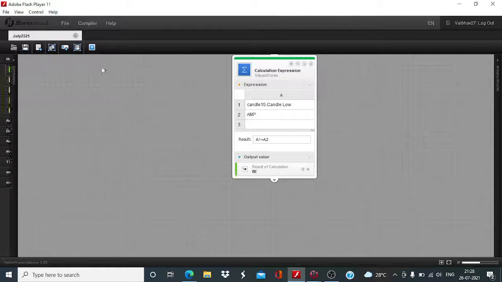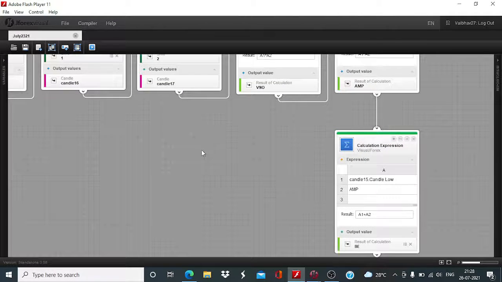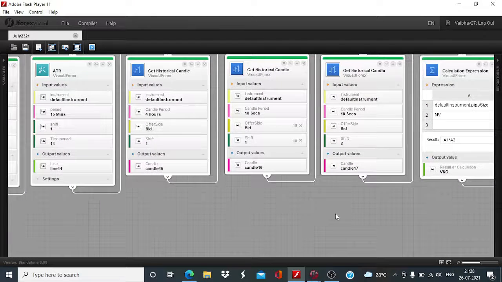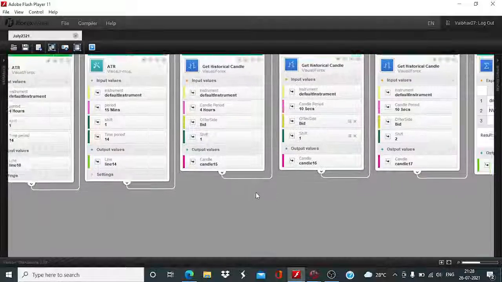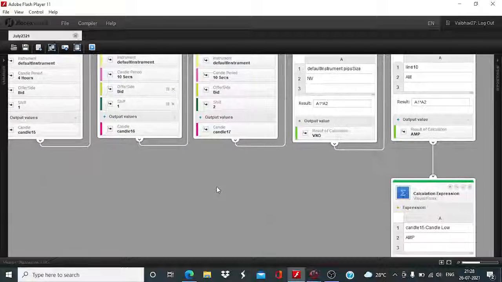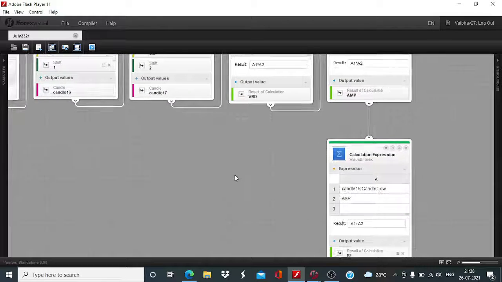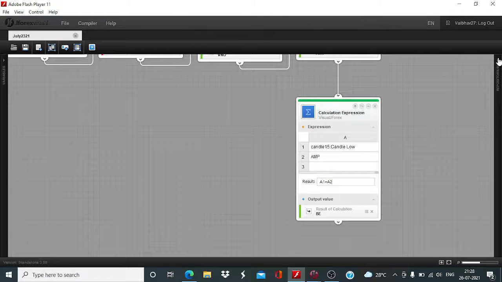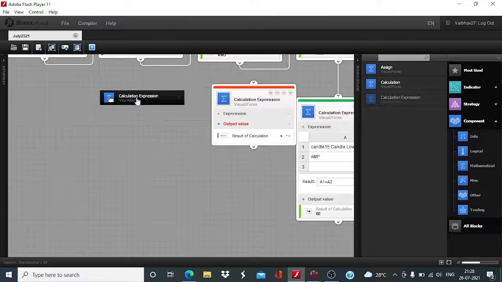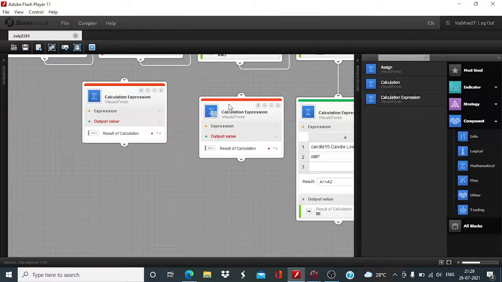Okay, 5 pips we have already defined. And now what we need is to take 2 more calculation expression blocks to define the stop loss and take profit.